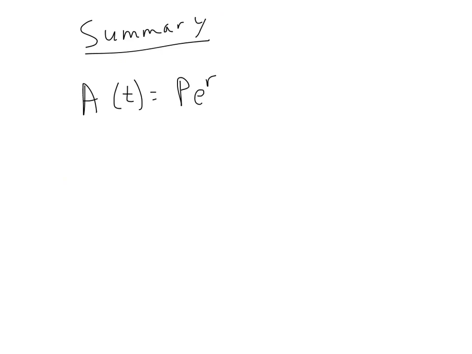All right, just real quick, let me do a quick summary of the things that you need to know from this video. The big thing is this formula. When you're compounding continuously, your amount in your account is equal to your principal times e raised to the rt. And you got to remember, e is a special number that's about 2.718, and it goes on forever.